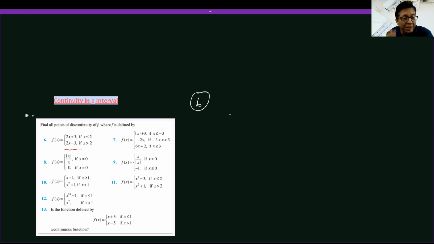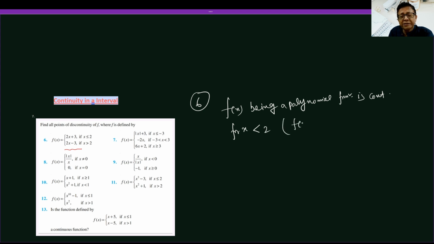So your statement will be like this. f(x), being a polynomial function, is continuous for x less than 2, where f(x) is equal to 2x plus 3, and continuous for x greater than 2, where f(x) is 2x minus 3.